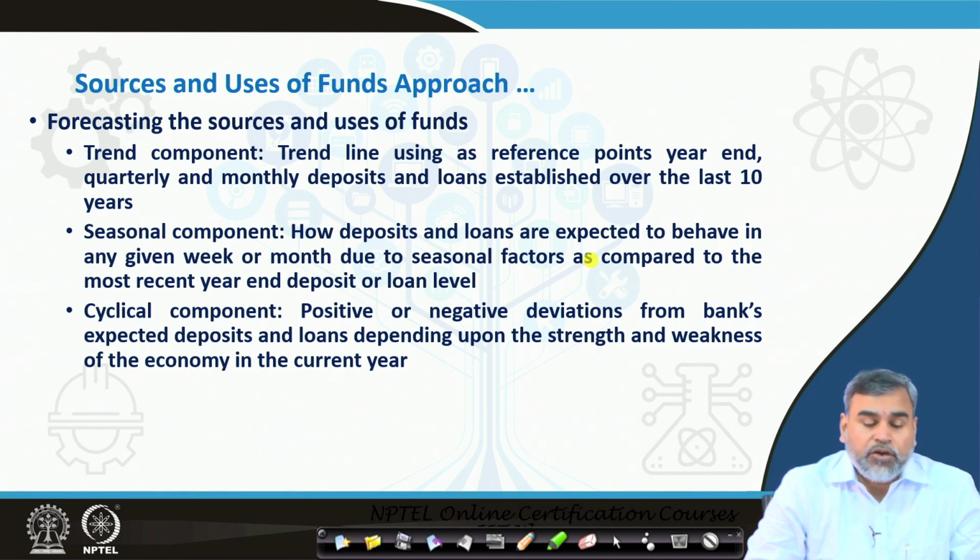Then you have the cyclical component, which talks about the positive or negative deviation from the bank's expected deposits and loans depending upon the strength or weakness of the economy in that particular year.